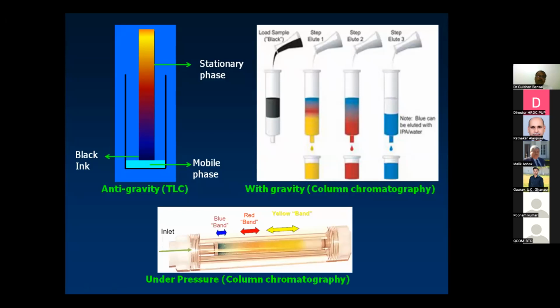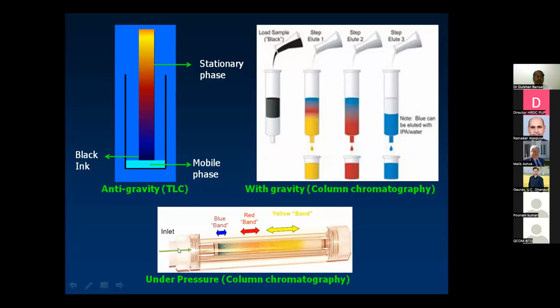The third type of chromatography is pressure-driven. Here the stationary phase is in a tube, the sample is loaded on one end, and the mobile phase enters from the end where the sample is loaded.